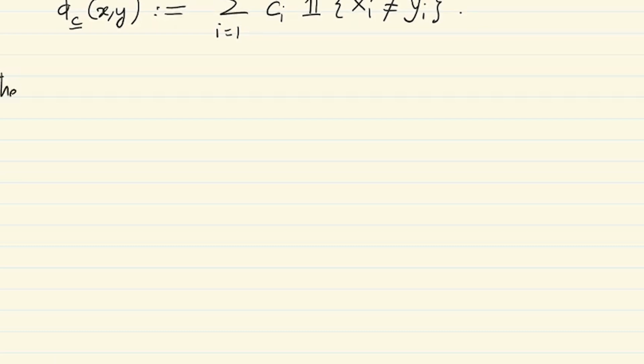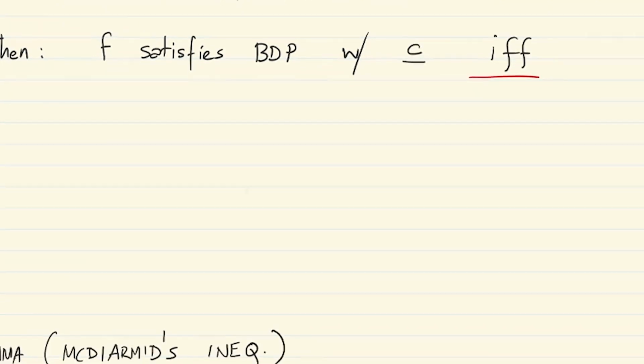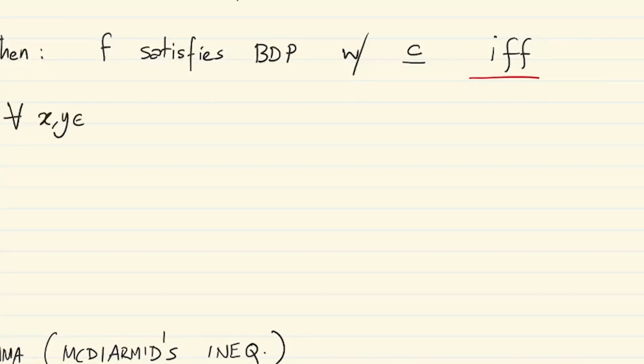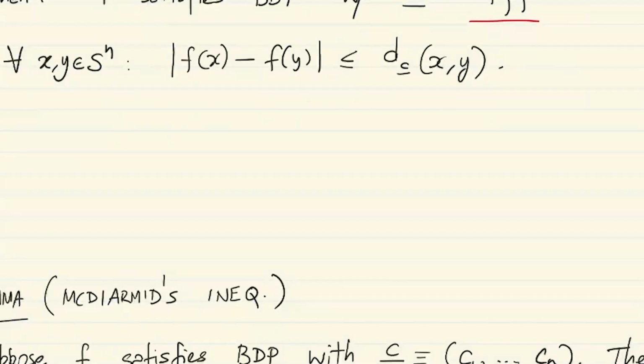So then the following statements are equivalent. f satisfies the bounded differences property with constants c1 through cn, denoted by c, if and only if for all x and y in S^n, the absolute value of f(x) minus f(y) is at most d_c(x,y). Now, those familiar with analysis and topology, this will remind you of what is called Lipschitz continuity.